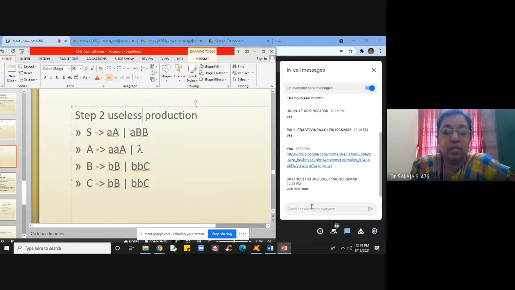Which one or two among these four are the useless variable? Let it be S, A, B or C. Can I have it on the chat box, please? Which one among the four variables acts as the useless variable?